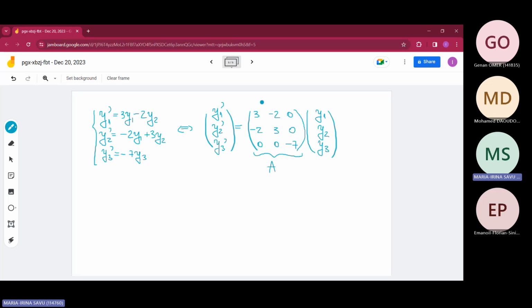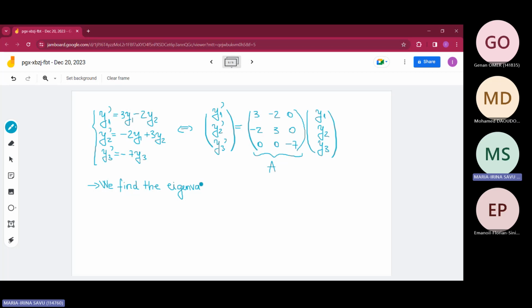And what should you do for this matrix A? First, we find the eigenvalues, then the eigenvectors.